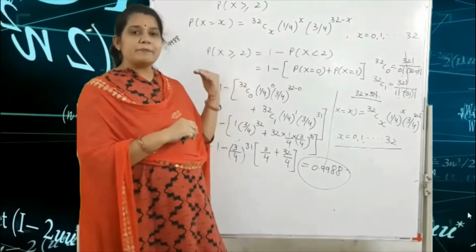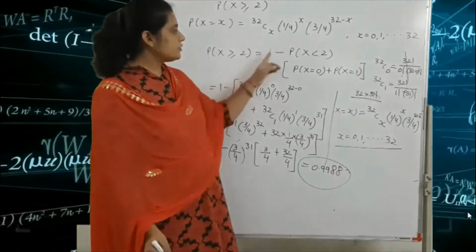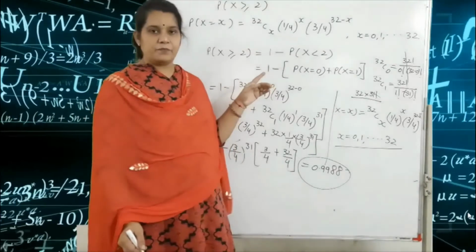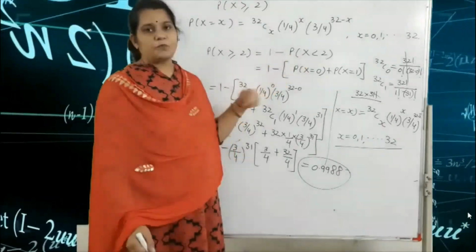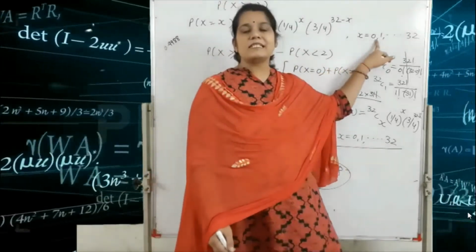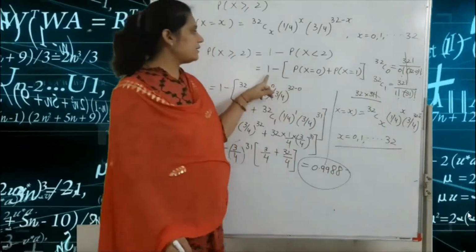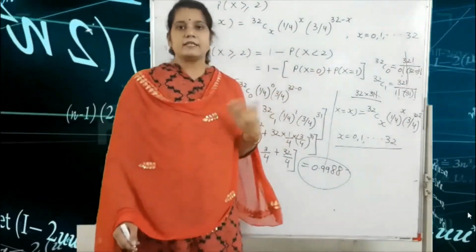So always keep in mind, if given this type of question, we use this pattern. We write 1 minus P(X < 2). That means our starting term is what? Starting term is starting from 0. So we write 1 minus P(X = 0) and P(X = 1).